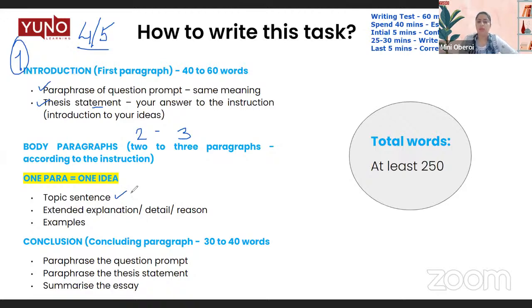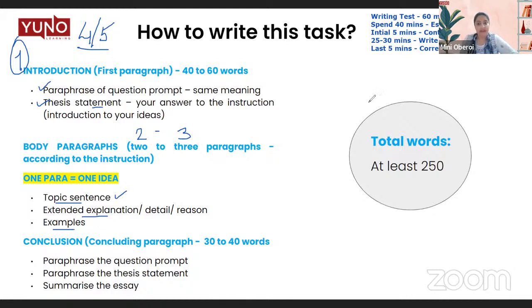If you are talking about the demerits of something, the very first sentence should look as if you are mentioning the demerits. Then extend the idea. Give another statement or maybe 2 statements to give more detail on the point, and then give an example to support your idea.